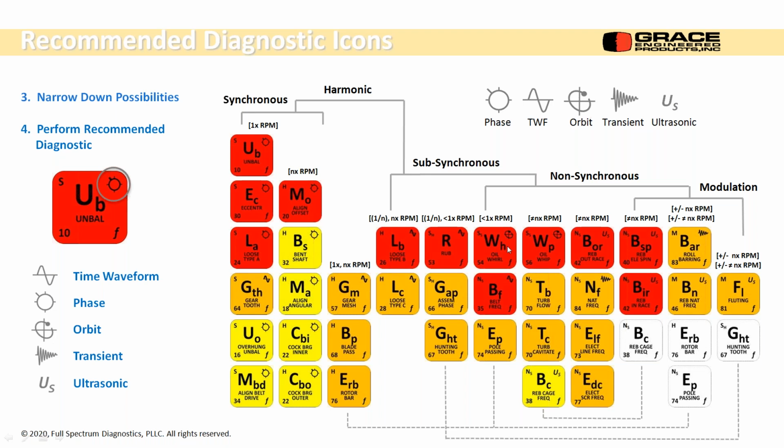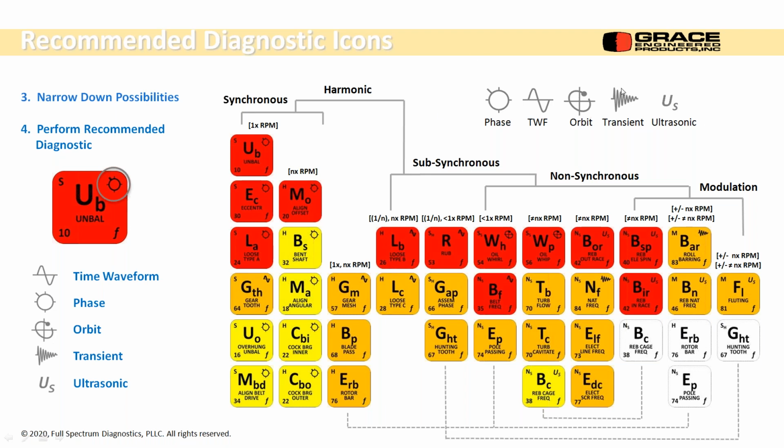Orbits, if I have journal bearings, that's the best method we use to figure out what's wrong with them. Transient analysis for different natural frequency problems, and ultrasonics for bearing problems. So bearing inner race, ball spin, outer race, and cage frequency, and even bearing natural frequencies will show up occasionally.